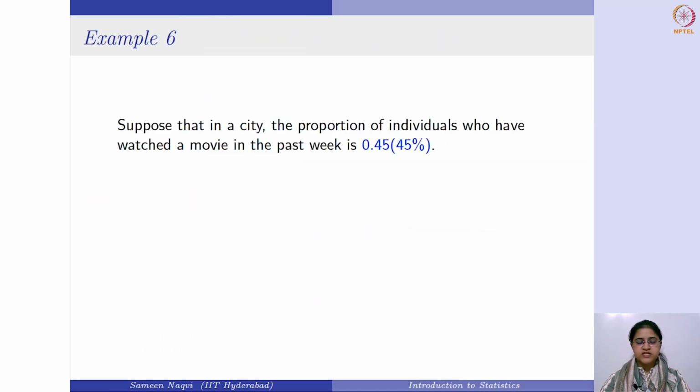Now the last example, the sixth example. Suppose that in a city, the proportion of individuals who have watched a movie in the past week is 0.45.